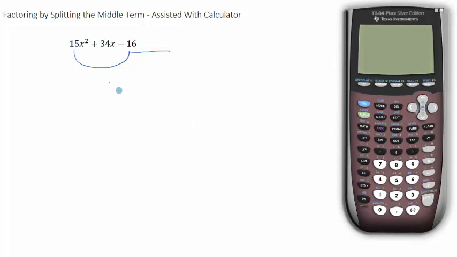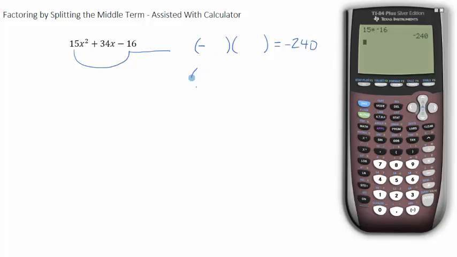Now, the first thing that we want to do is multiply the first coefficient by the constant coefficient. That's 15 times a negative 16. That gives me a negative 240. So I'll be looking for two numbers that multiply together to be a negative 240. Isn't it true that one of those is going to have to be negative so that we get a negative 240?